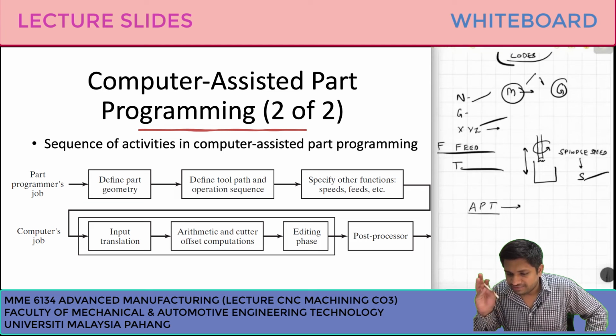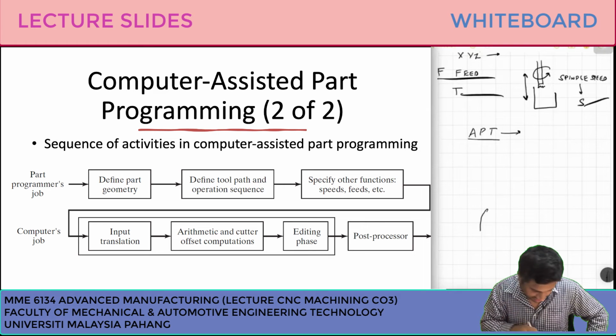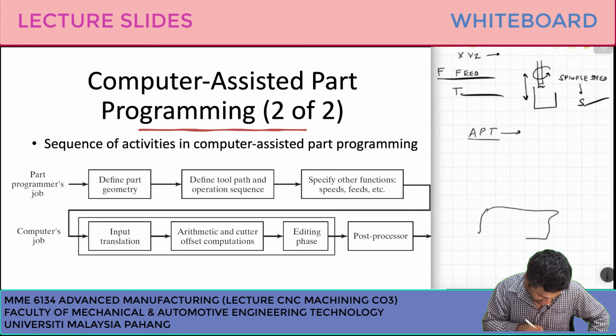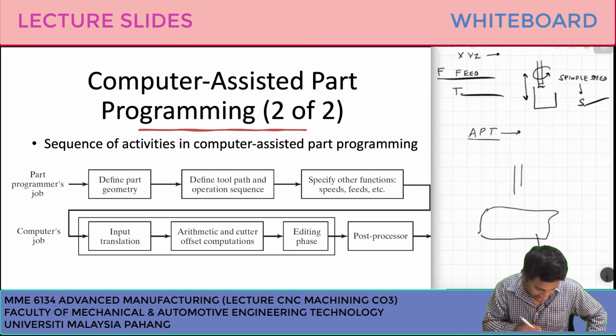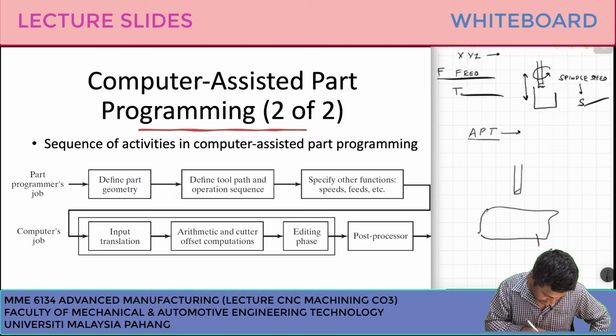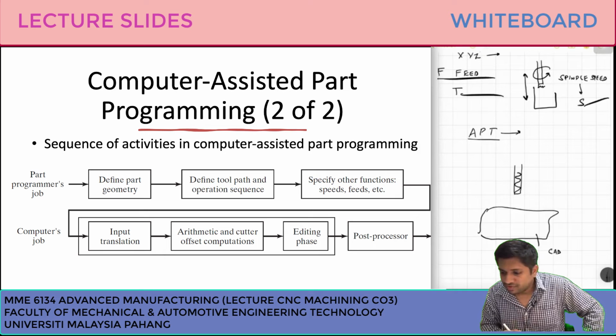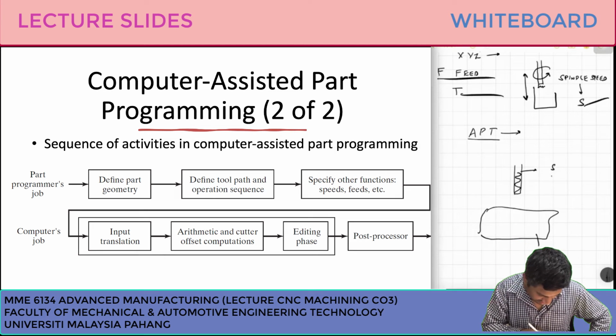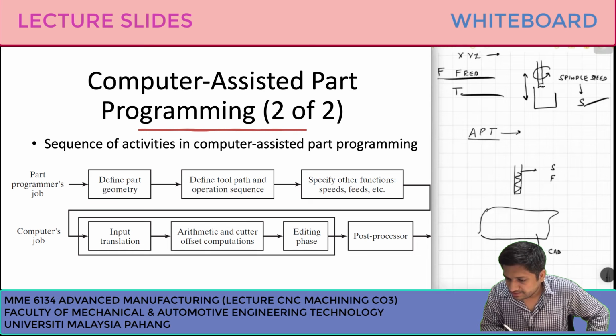First is to define the part geometry, or create a CAD model. Then we need to define the tools. Number one is the geometry, the CAD geometry. Number two is the tool. Number three is the speed of the tool, spindle speed, and feed rate.